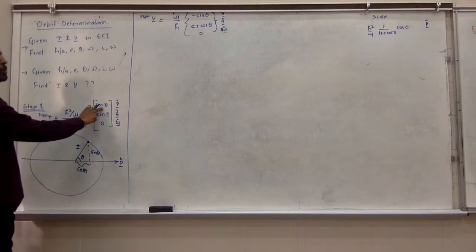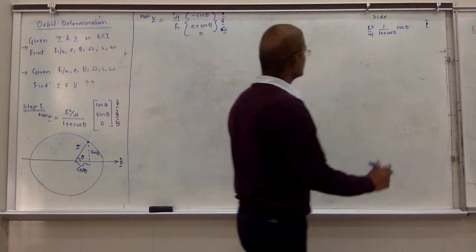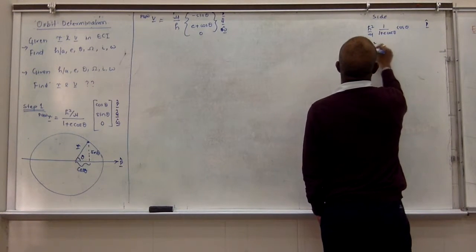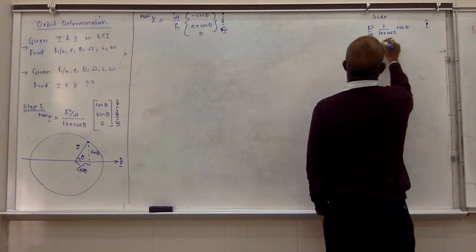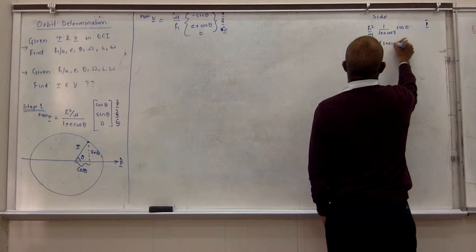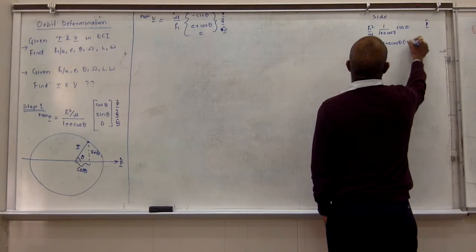I have taken this and multiplied by the P. So if you look at this, it is h square over mu. You're going to get 1 over 1 plus e cosine theta into minus sine theta.